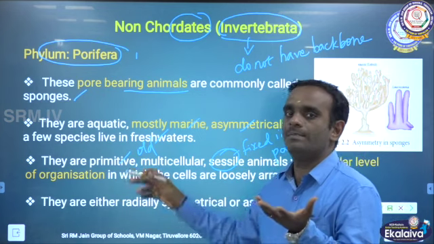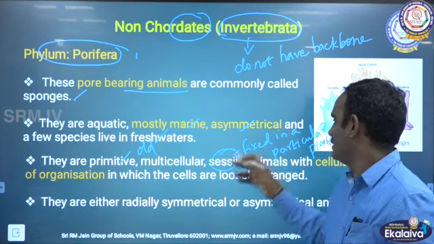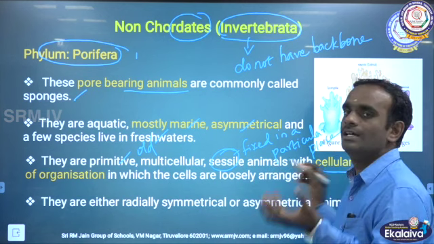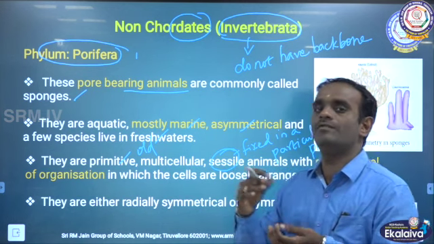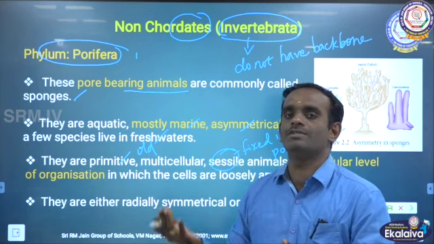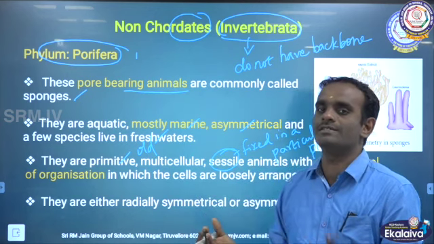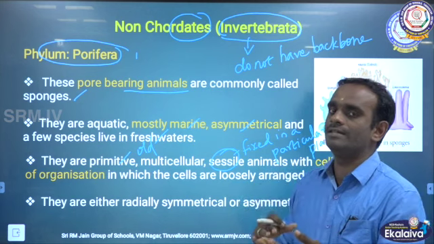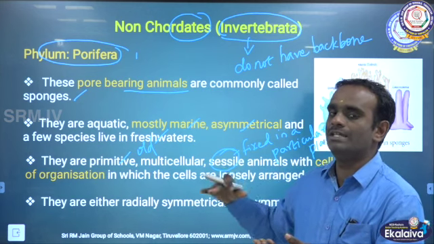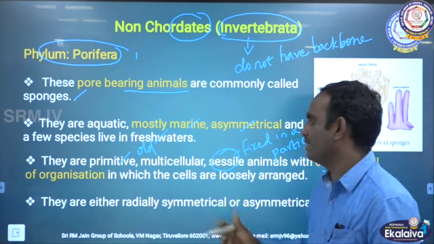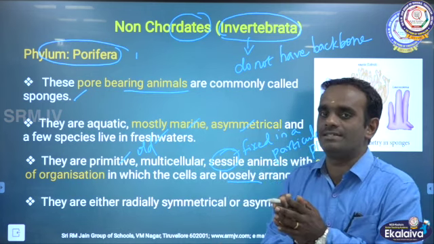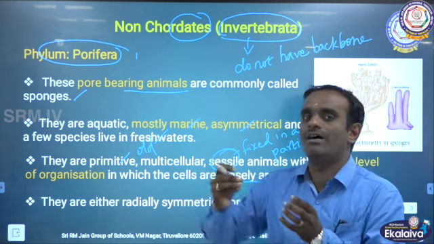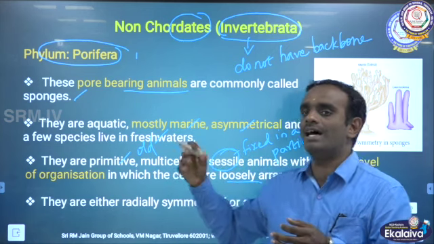So, sponges are primitive, multicellular, sessile animals with a cellular level of organization. There is no formation of tissues, organs, or organ systems. Lower grade organism, sponges. Only a cellular level of organization in which the cells are loosely arranged. They are not clumped. All the cells are loosely aggregated.